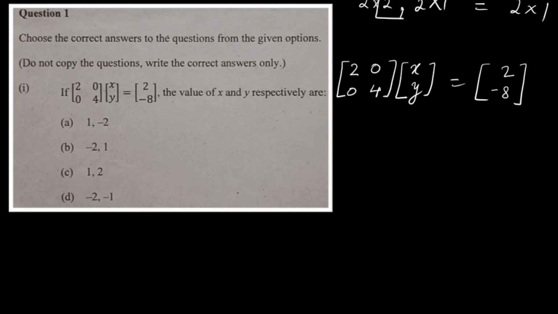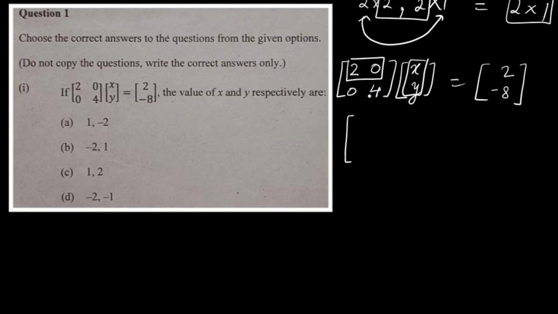You can see here, if the number of columns of the first one is equal to the number of rows of the second one, then multiplication is possible. And the outer order is the order of the resultant, so 2 into 1. Now, matrix multiplication: the row of the first one and the column of the second one we have to multiply.